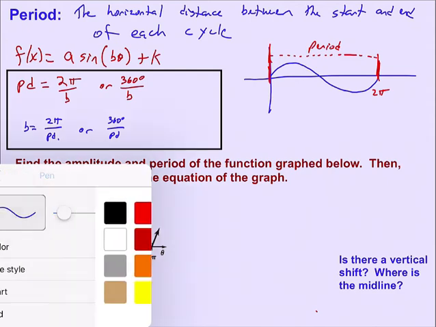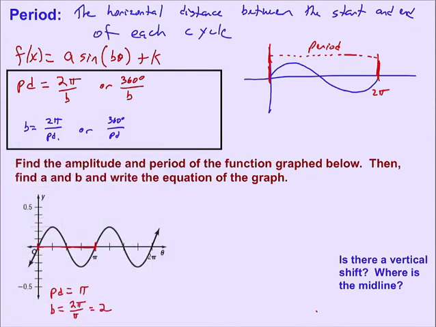Our a, because we look at the sine curve and we see the amplitude is not 1, doesn't get nearly as high as 1. This amplitude right here, we can see that distance is about 1/4. Looks like it's supposed to be exactly 1/4, or you can write 0.25. So our a is 0.25, or 1/4.